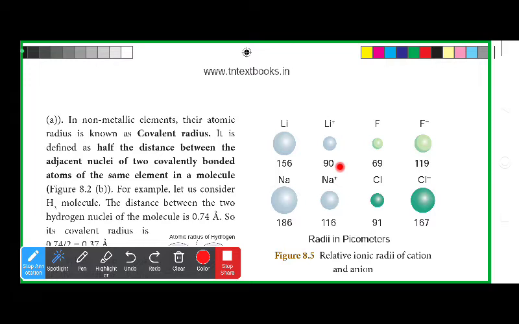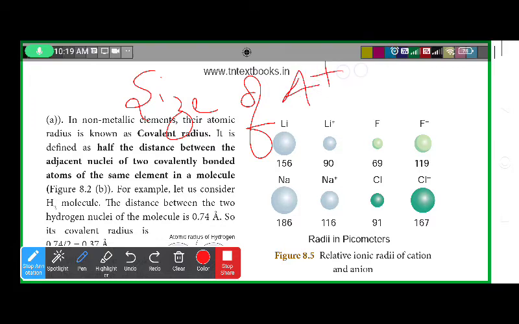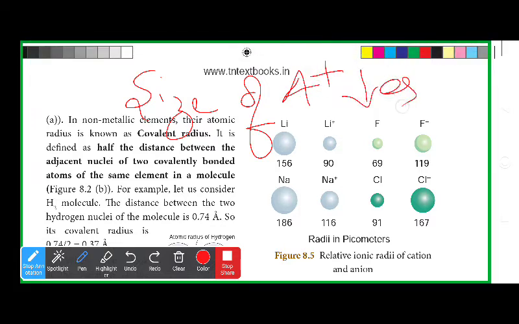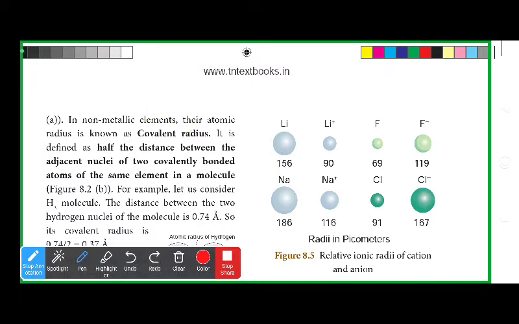So the size of the cation will decrease.